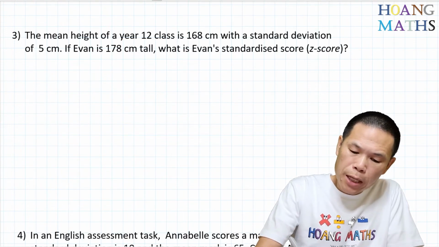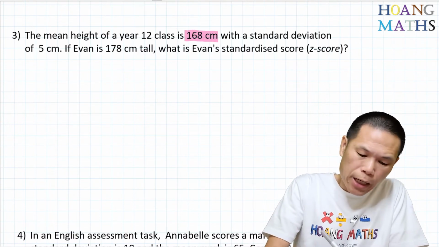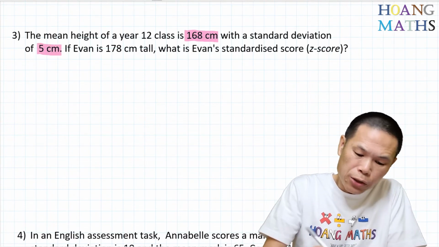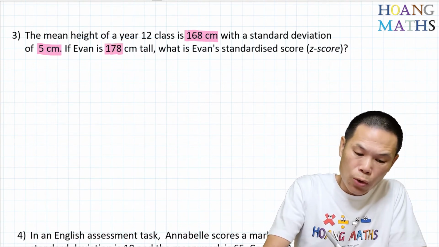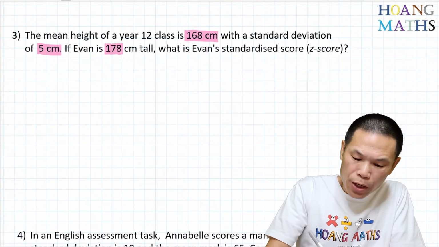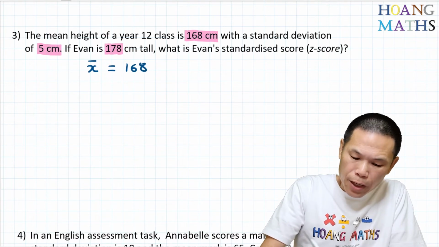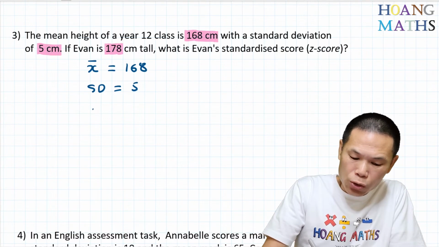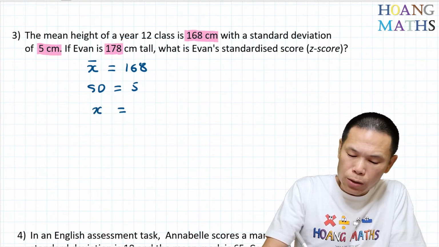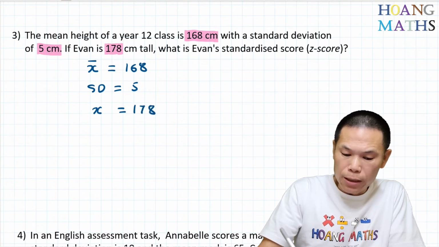So we know that the mean is 168 centimeters and the standard deviation is 5 centimeters. And we know that Evan is 178 centimeters tall. So let me just note this down. The mean is 168, the standard deviation is equal to 5, and the score, which is the height, is 178 centimeters.